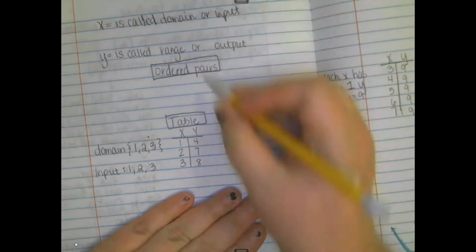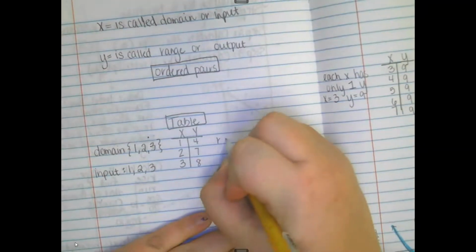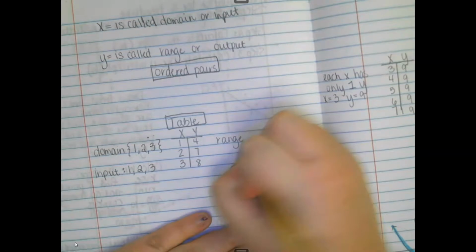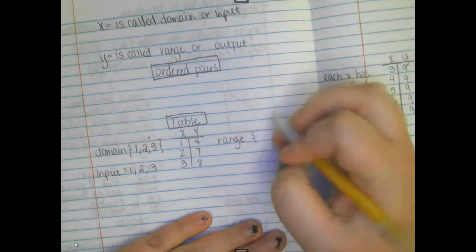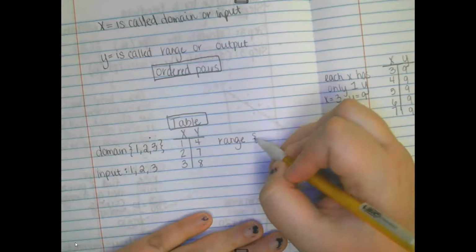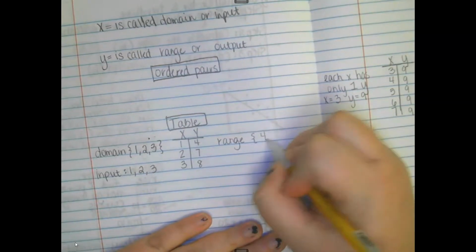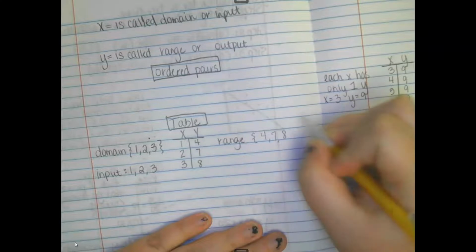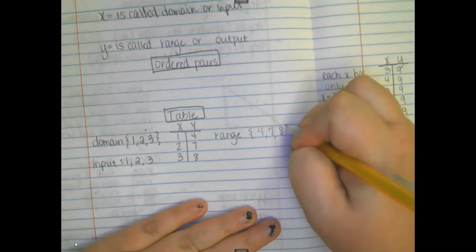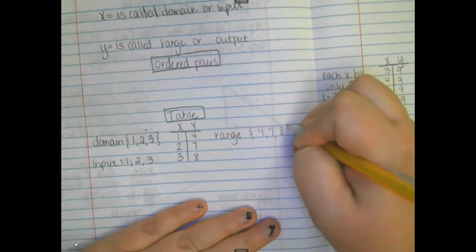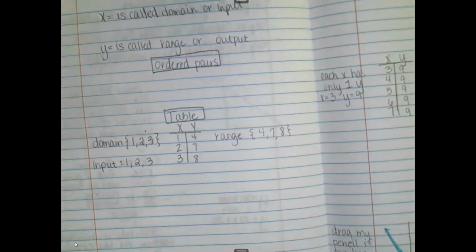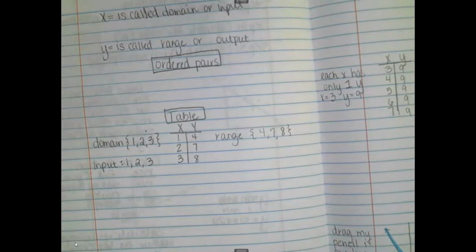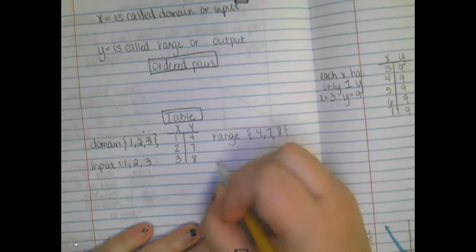And then when we get to our range, which is my Y values, 4, 7, 8, we do our loose S and a loose backwards S, 4, 7, 8. Don't feel bad if you're horrible at drawing. It took me a while. My algebra kids actually enjoy, I think, practicing drawing those.